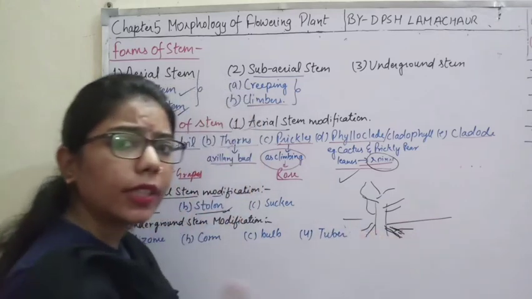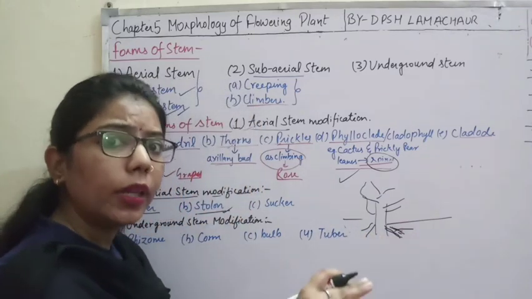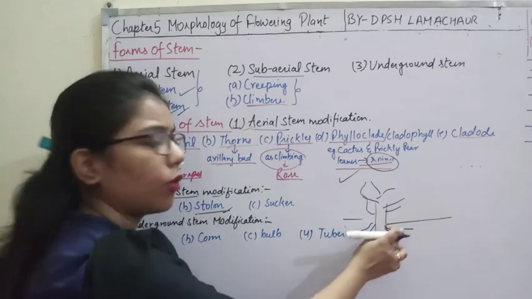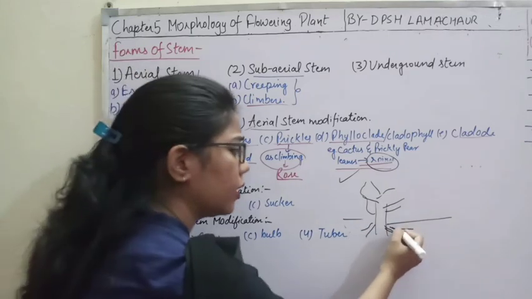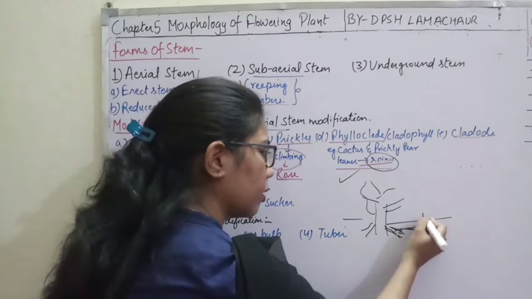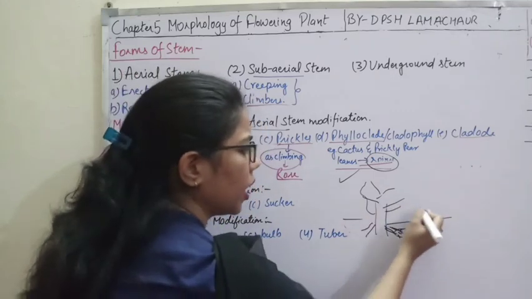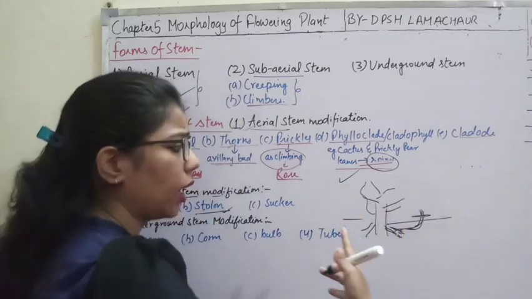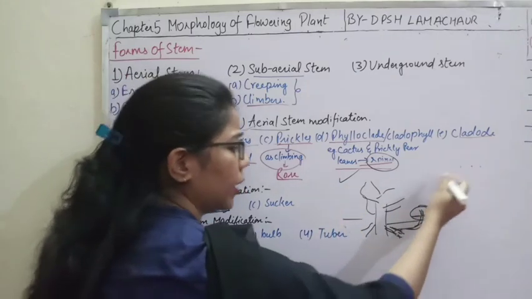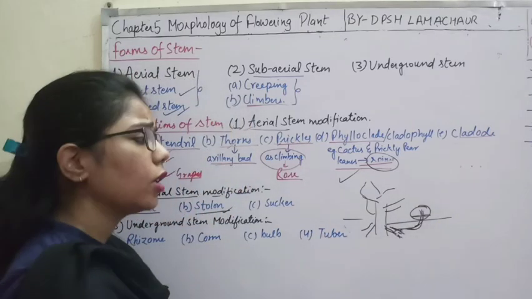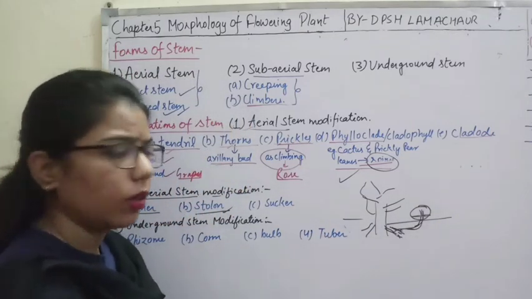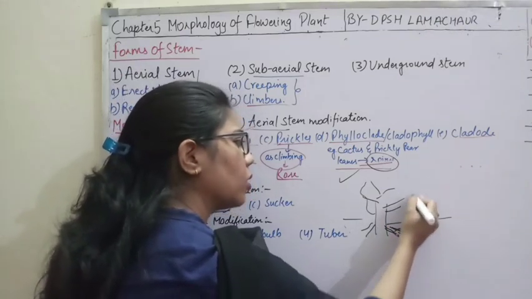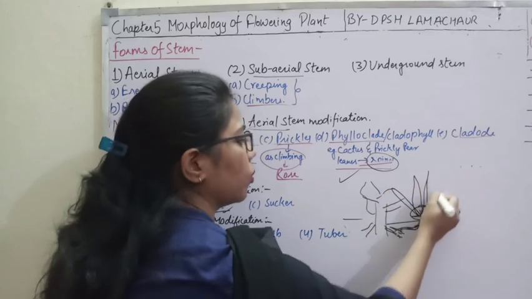It grows obliquely upward, but from the underground part. It comes above the soil, and here we can cut this part and plant it in another place, and it will give rise to a new plant. And if it grows obliquely upward here, from here also there will be formation of a new plant.